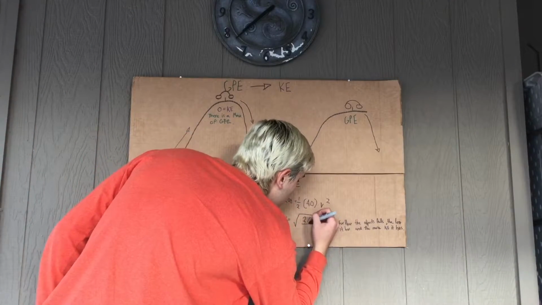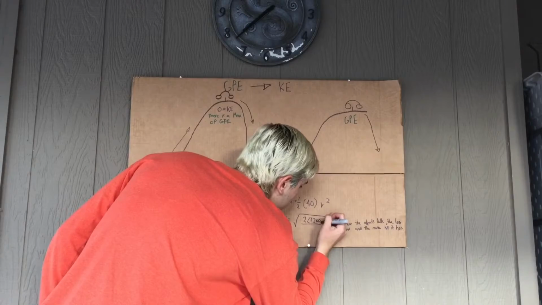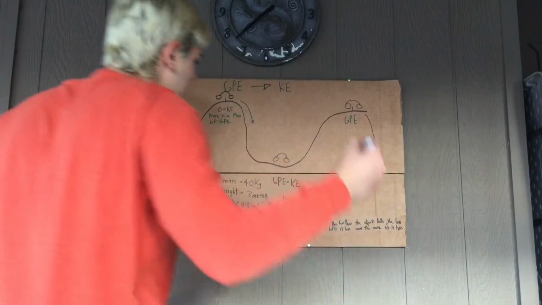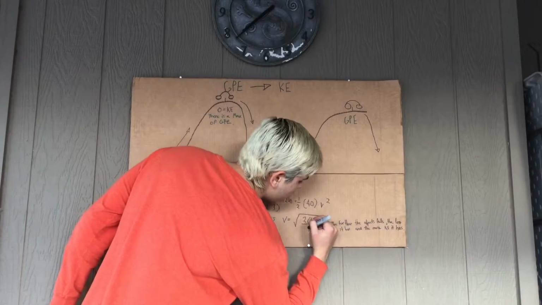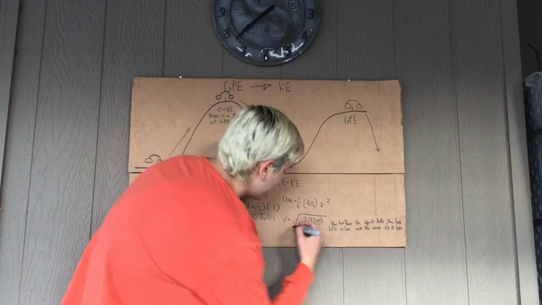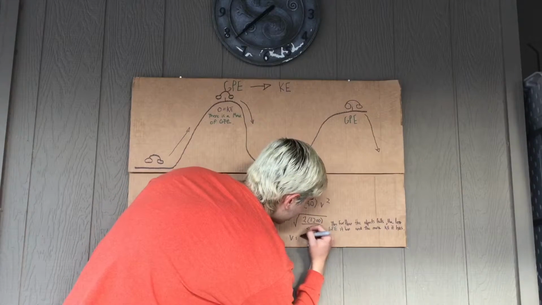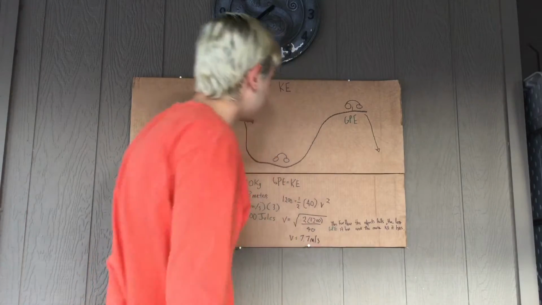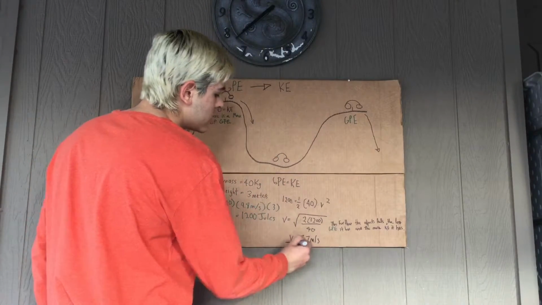So 1,200 joules, divided by its mass, 40. And if we calculate that, it gives us 7.7 meters per second. That is velocity.